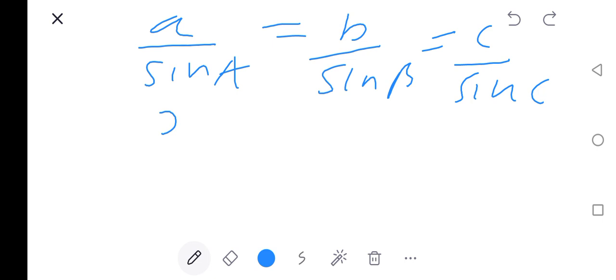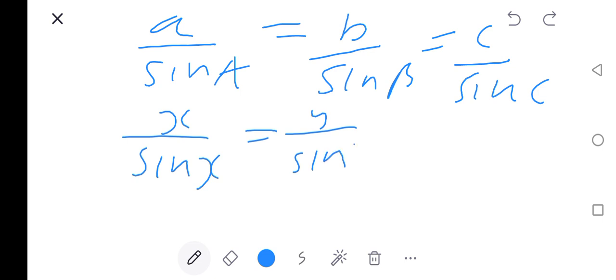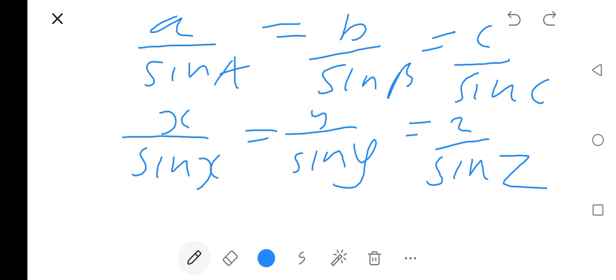You say x over sine X, and then y over sine Y, and then we've got z over sine Z. Sine Z, not C. That's our first step. Let's copy what is on the screen there.